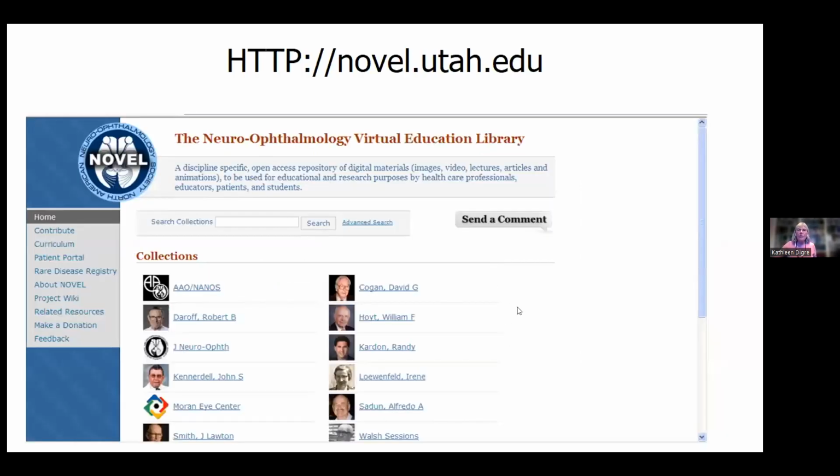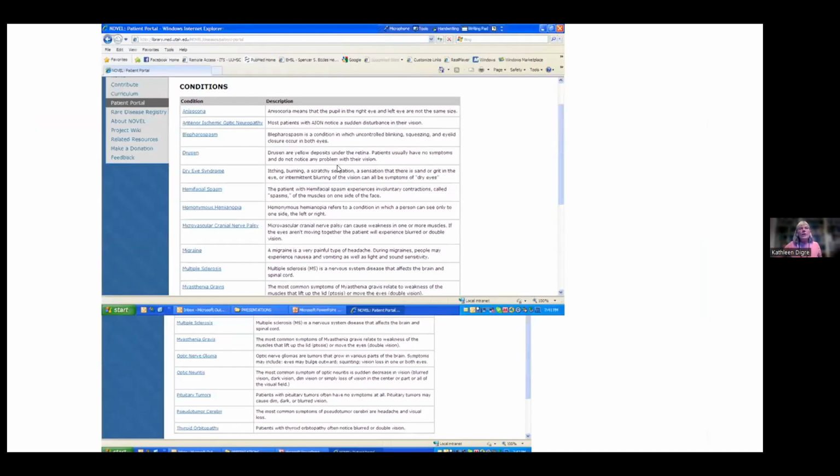This is the NOVEL website, novel.utah.edu. It's a partnership between the North American Neuro-Ophthalmology Society and the University of Utah Eccles Library. We've built a virtual library, and in this library, there's a patient portal. You just go to the patient portal, and you can find many, many diseases.